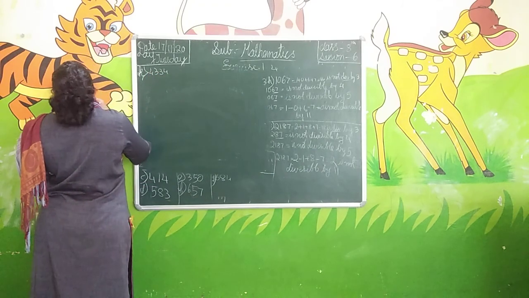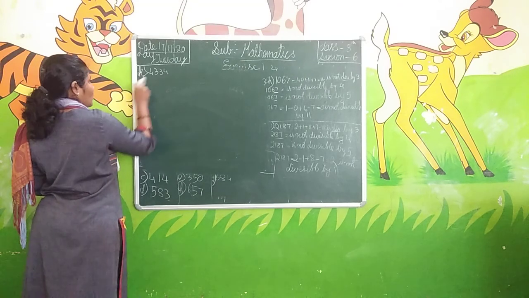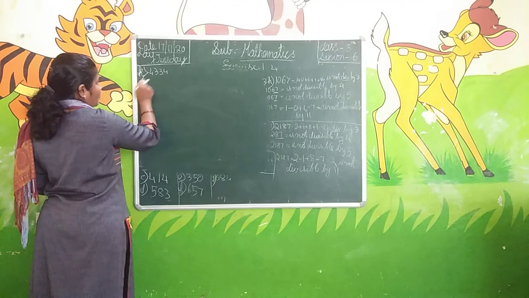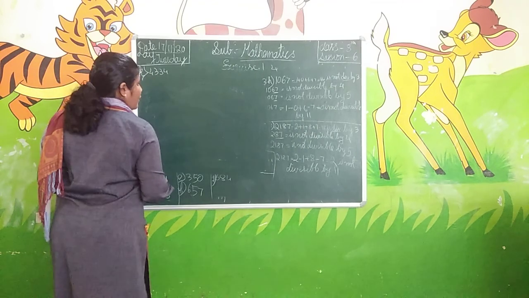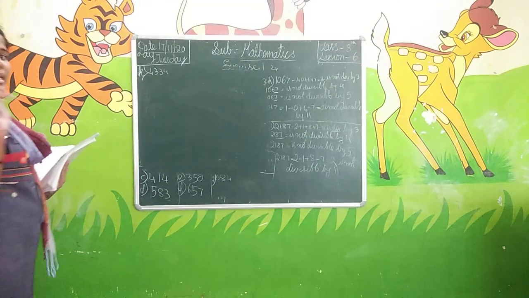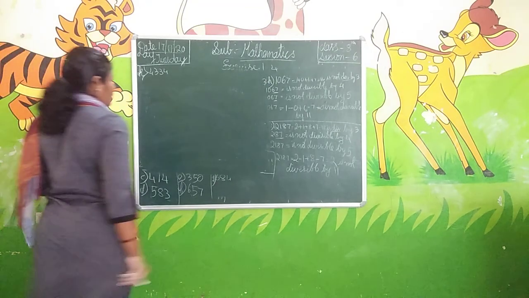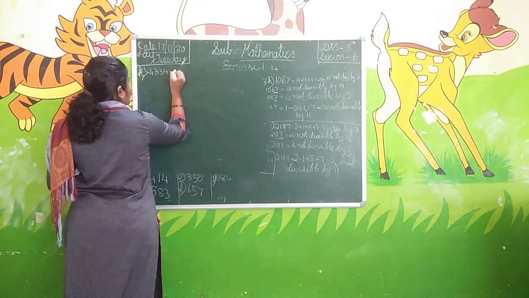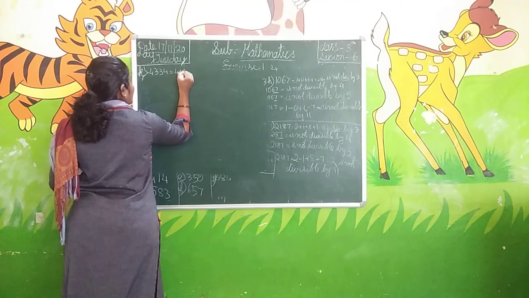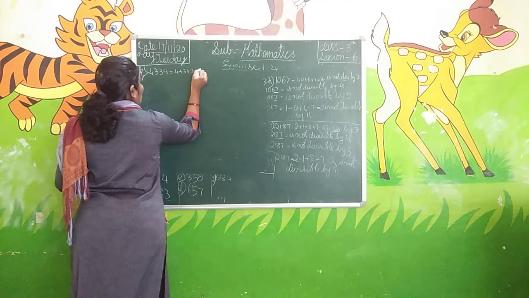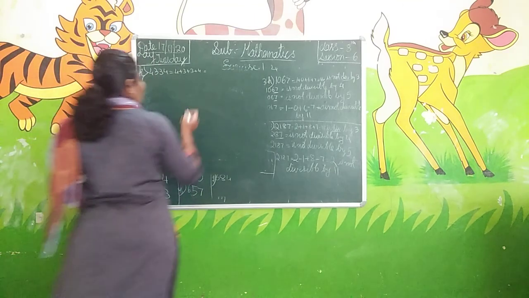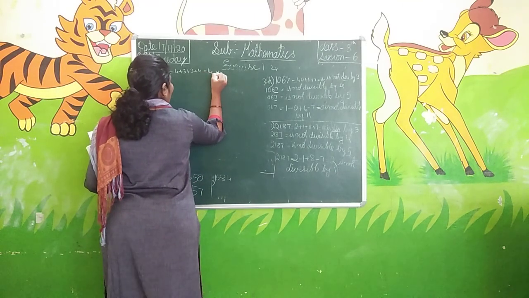This is a palindrome number which is divisible by 11, because if you read it from left to right or right to left, you get the same number. By seeing only we can find out whether it is a palindrome or not. For 3: 4 plus 3 plus 3 plus 4. 4 plus 3 is 7, 7 plus 7 is 14, and 14 is not divisible by 3.